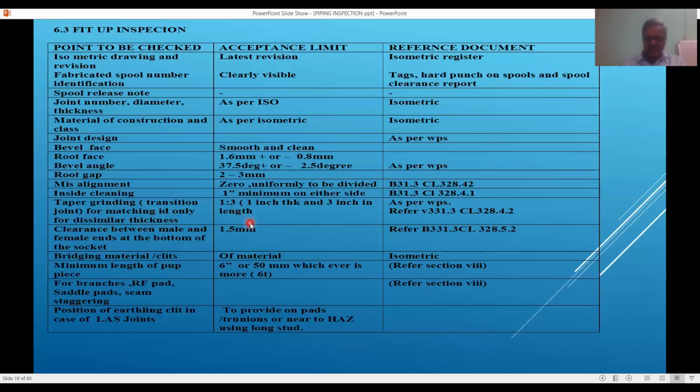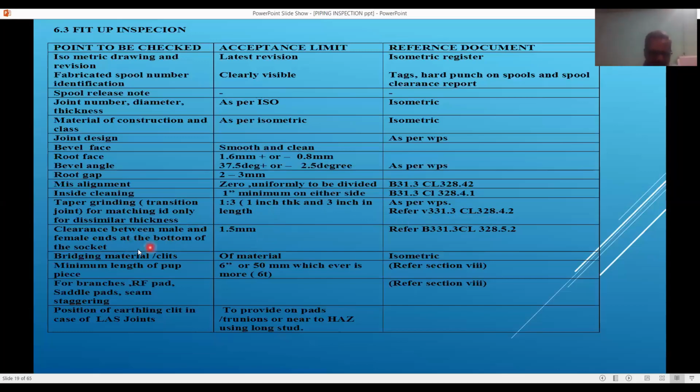Sometimes one pipe is 12 mm and the other pipe is 7.4 mm, something like that. In that case, the difference should be tapered at a 1:3 ratio, as per WPS. Reference clause 328.4.2. This is the reference for the taper joint.